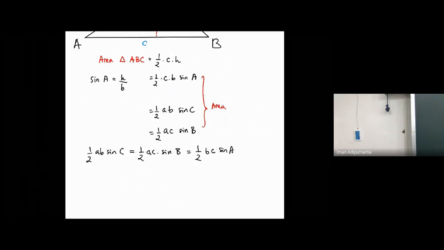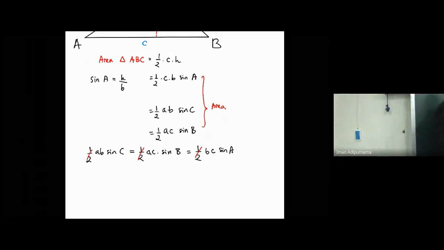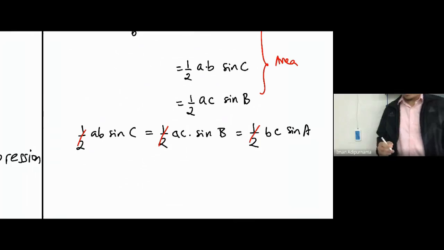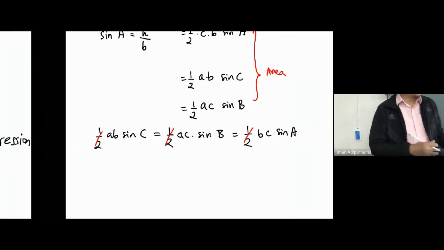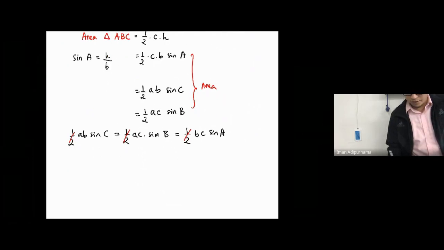I want to make a proof with sine here, where I can cancel this half altogether. And if we look at these areas, let me just divide all by abc.